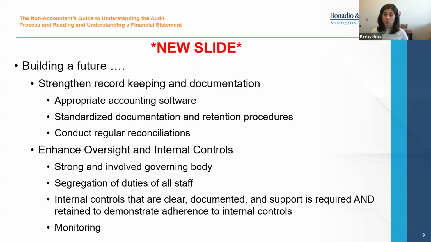So really ensuring that you're strengthening your record keeping and documentation. So how do you do that? Ensuring that you have an appropriate accounting software. So depending upon your size and your types of organizations, there are a number of accounting softwares out on the market. It's no different than shopping for a car.